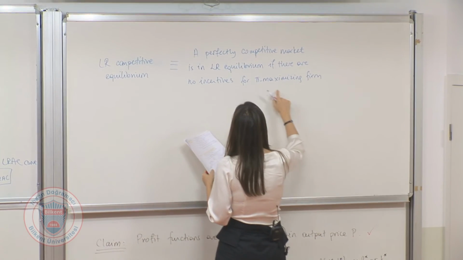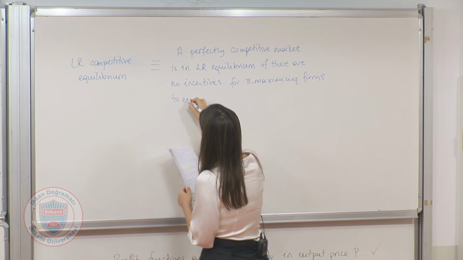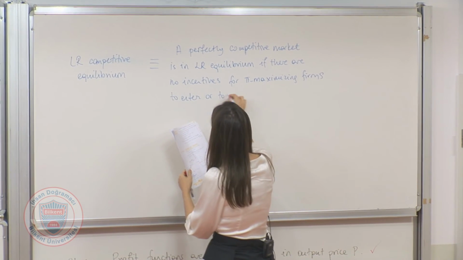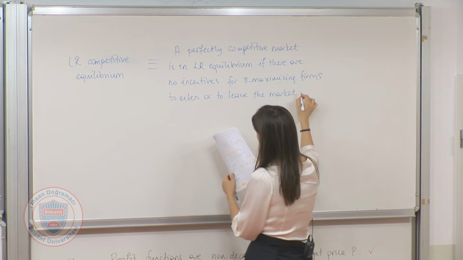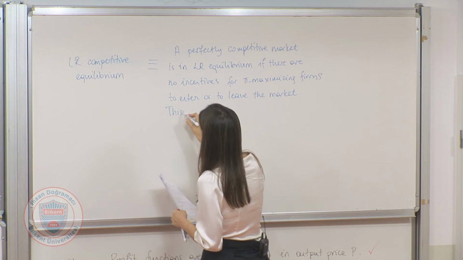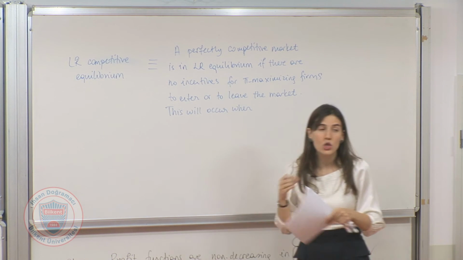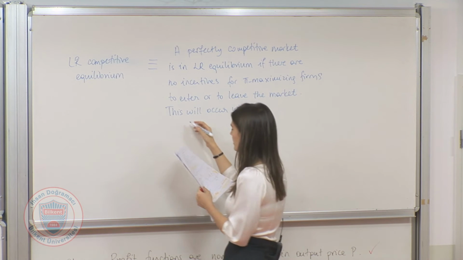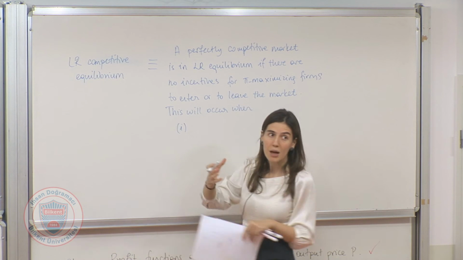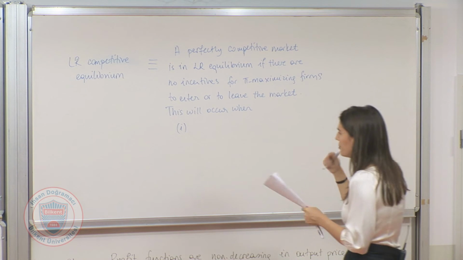So if there are no incentives for profit maximizing firms to enter or to leave the market, okay? So we said that this will occur when, and whenever you're talking about an equilibrium, it's very important to define it, okay? So under what conditions this is going to happen, what are the assumptions, and what is the definition of the equilibrium, okay?